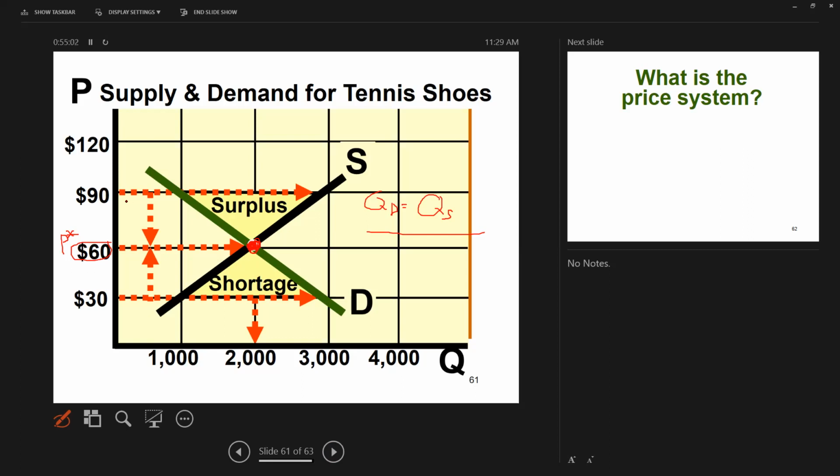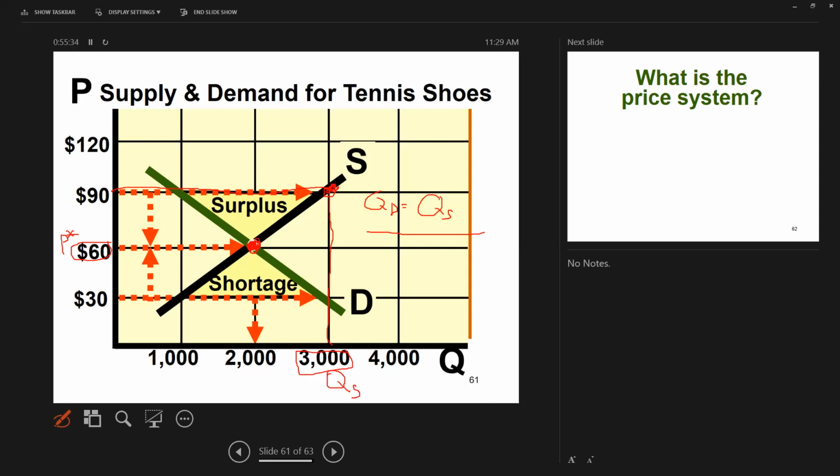If the market price, or if the government comes in and forces a price above equilibrium, say $90, that causes a problem. If we trace $90 over to the supply curve, you can see here, producers are willing and able to offer 3,000 pairs of tennis shoes for sale at that $90 price.